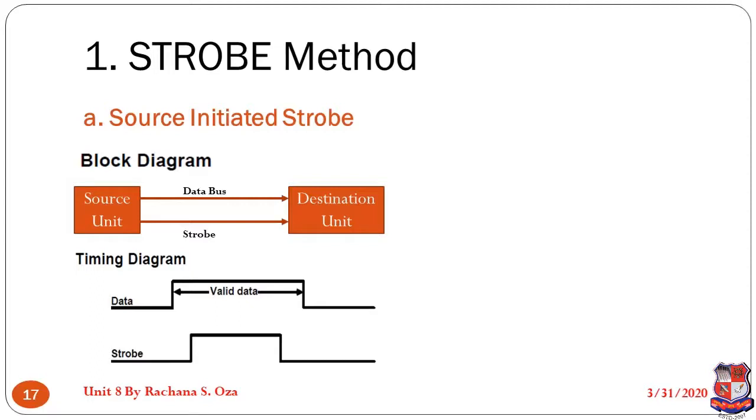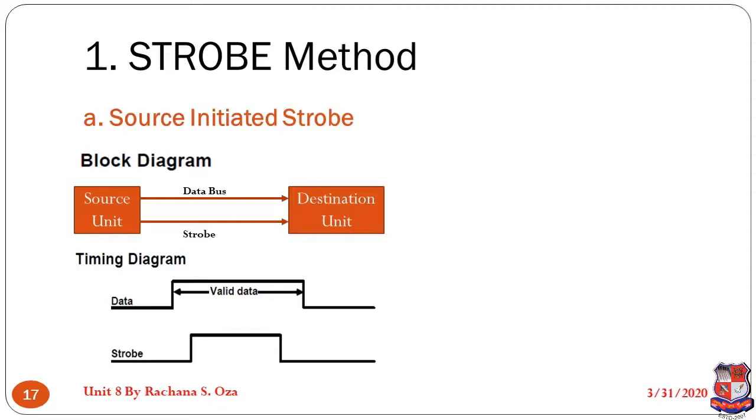As soon as the strobe signal goes down, making a negative transition, the data available on the bus is known as invalid data. So over here the destination can read the data only when the strobe signal is generated by the source and it possesses the value high. What is the limitation of this system? That there is no check on the source side whether the data has been read successfully or not.